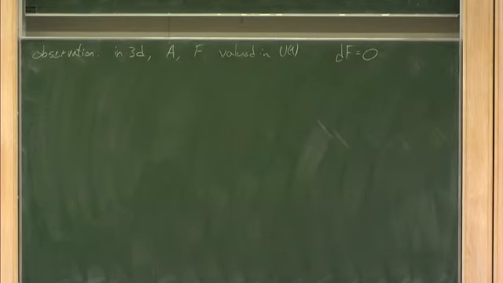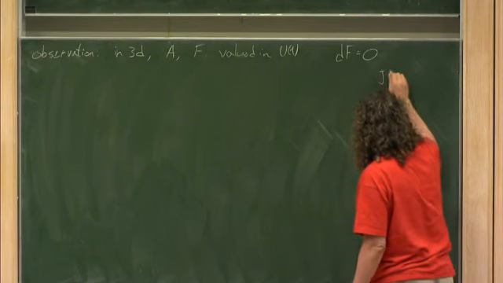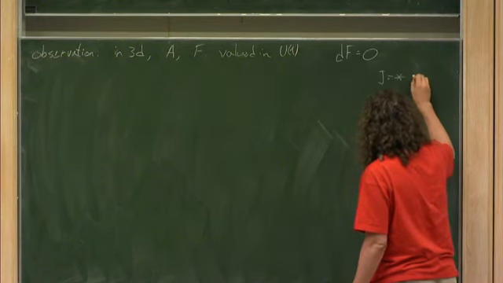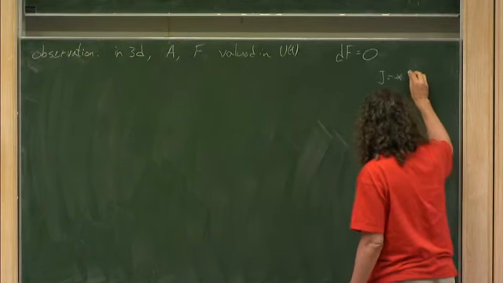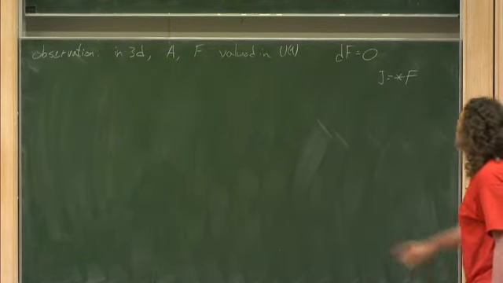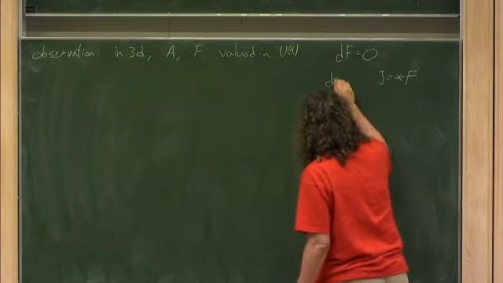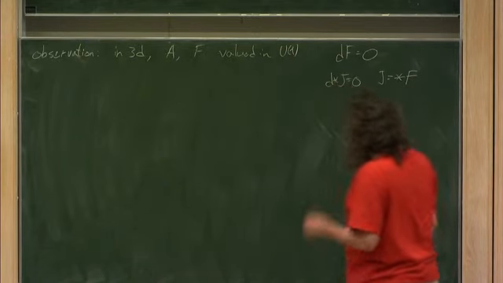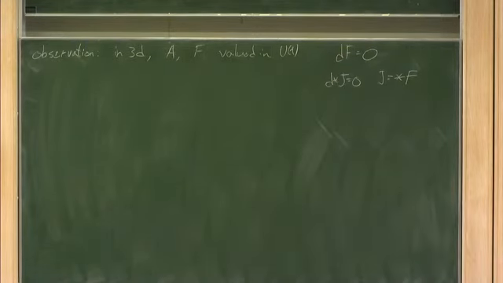And if I now look at this equation and define the following one form to be star of F, then I get this equation, d star J equals 0, and this is called the conservation equation.